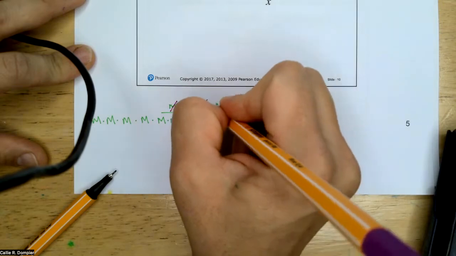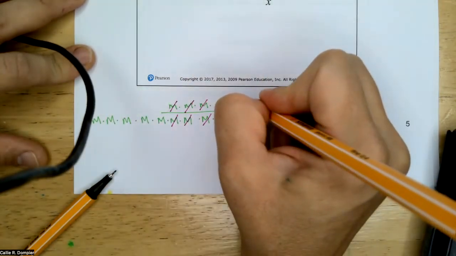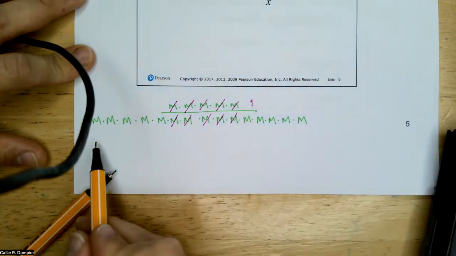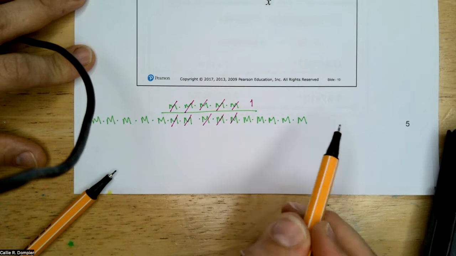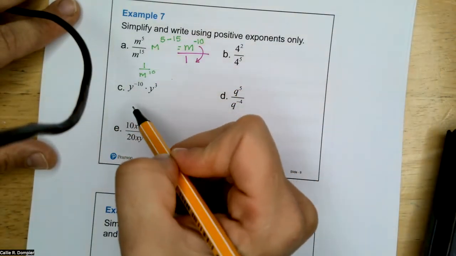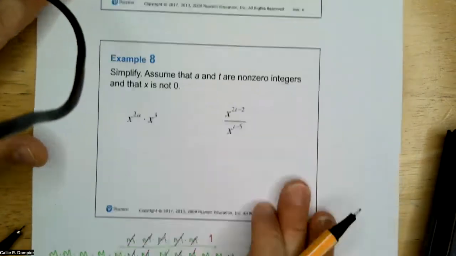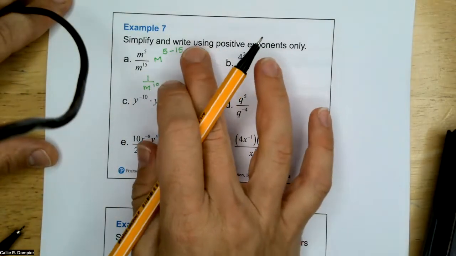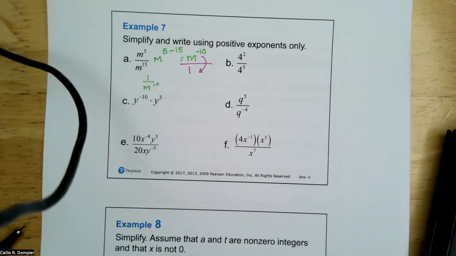So I can cancel out 5 from the top and 5 from the bottom. There's nothing up here, so that's just a 1. And then I count up my m's. 1, 2, 3, 4, 5, 6, 7, 8, 9, 10. M to the power of 5 over m to the power of 15 becomes 1 over m to the power of 10. There were 10 left on the bottom, or I subtracted them and moved them across the fraction bar, whichever looks easiest to you, okay?